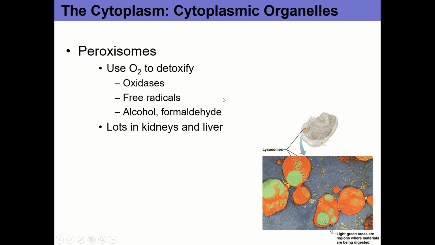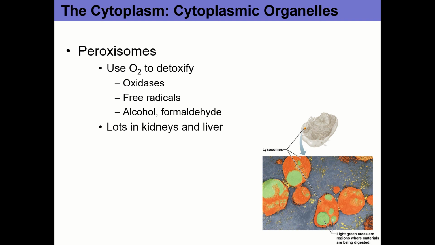And then peroxisomes also help us break down free radicals. What are free radicals? The definition is that they are highly reactive chemicals with unpaired electrons that can attack cell membranes. Think back to your high school chemistry class. Remember that if a molecule has unpaired electrons in its outer shell, it's an unhappy molecule. It wants to be happy.